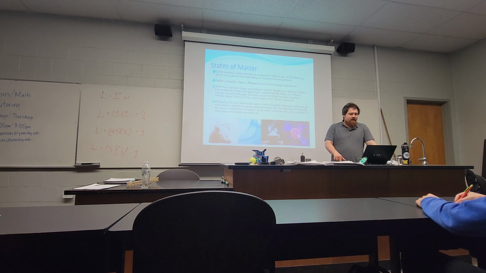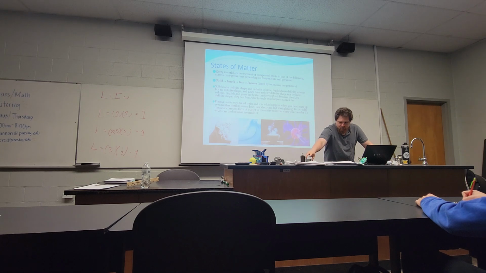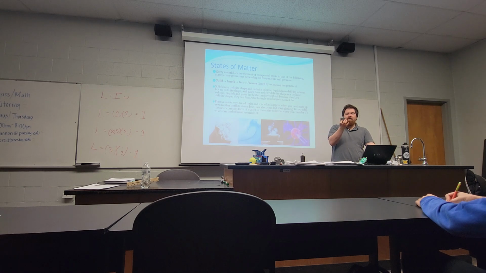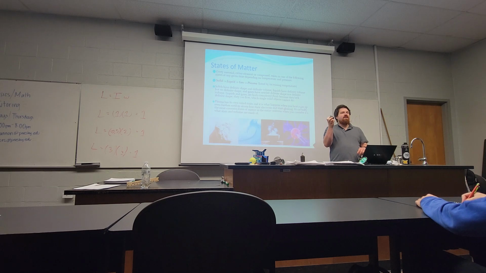Important thing to note about solid, liquid, and gas: solids have definite shape and definite volume. This chunk of metal is a specific shape, and that is not going to spontaneously change by itself. This thing has been molded into this hexagonal cylinder, and that will not change on its own.